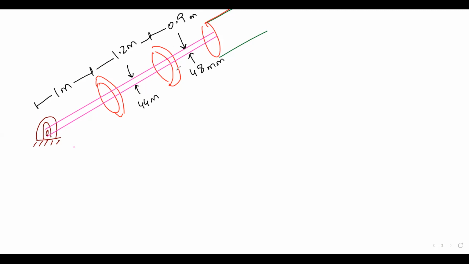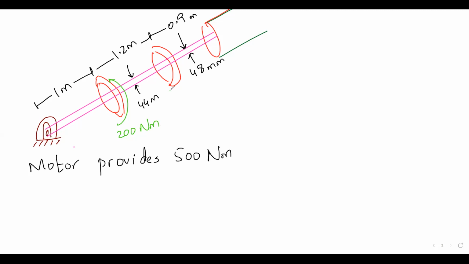Done. The question says that if the torques are, motor provides 500 Newton meter of torque, and this fellow is in this direction, that is 200 Newton meter, and this is in this direction, 300 Newton meter.